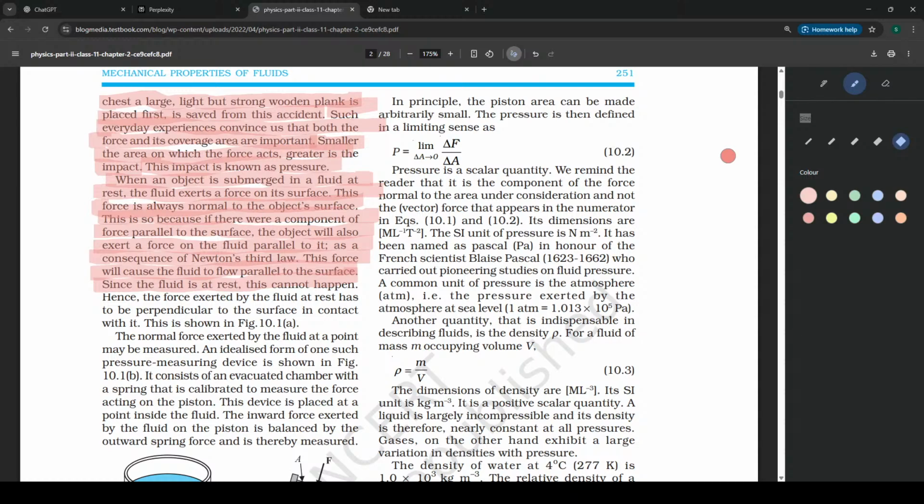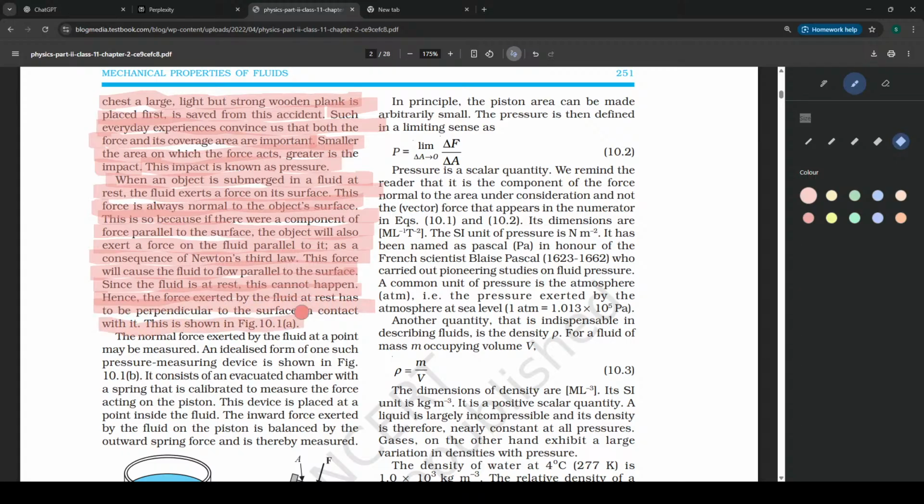Because of that, the water needs to flow parallel to the surface. But because the water is at rest, we cannot see that happening. And because of that, we conclude that the parallel component of the force does not exist. Hence, the force exerted by the fluid at rest has to be perpendicular to the surface in contact with it.